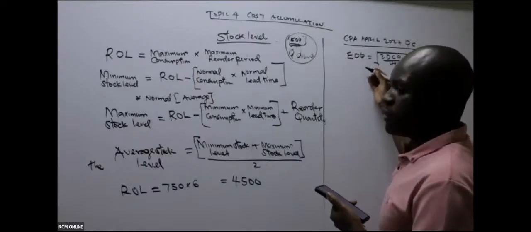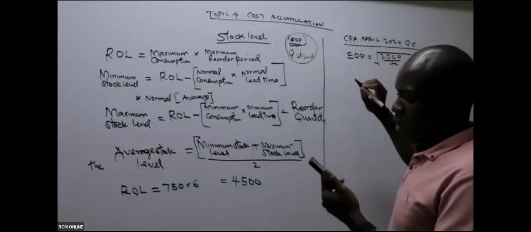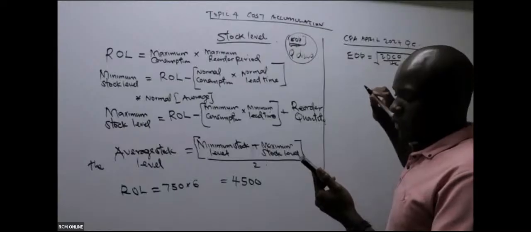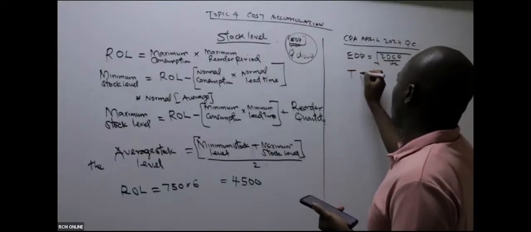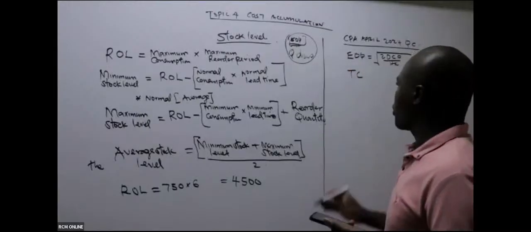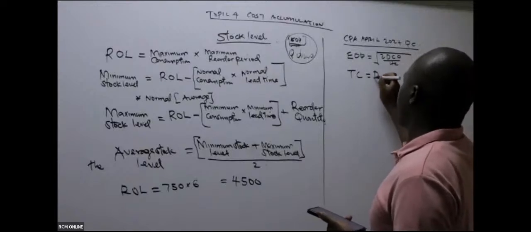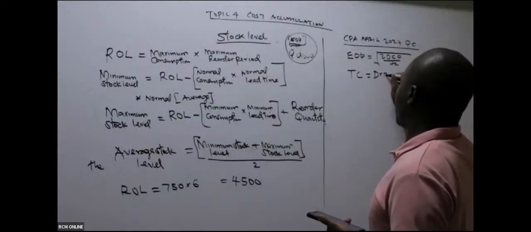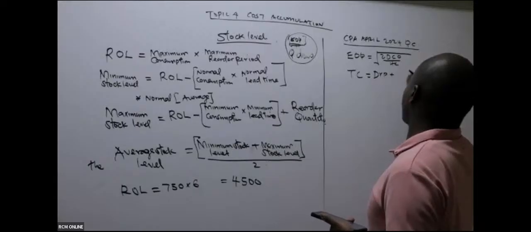Then the second formula, which will enable us to identify the most preferable system, is the total cost. What did we say about total cost? Total cost is equal to annual demand times purchase price, plus ordering cost plus holding cost.